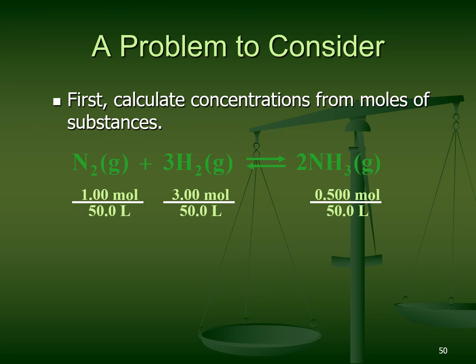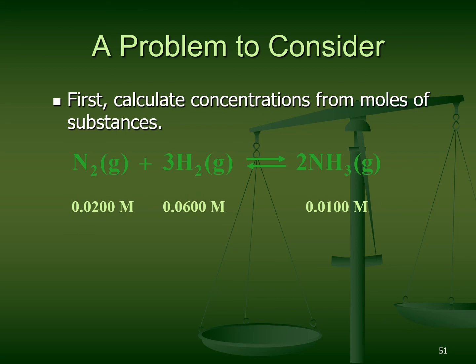Either you'll be given the molarity or you'll be given the moles and the volume, and you do need to divide by the volume because they don't cancel out, since the values are different in the numerator and denominator. All right, so the nitrogen is 0.02 molar, the hydrogen is 0.06 molar, and the ammonia is 0.01 molar. So let's plug those into our Q expression.